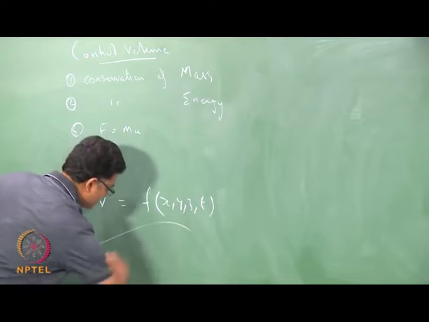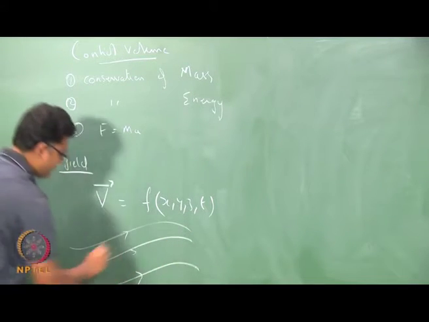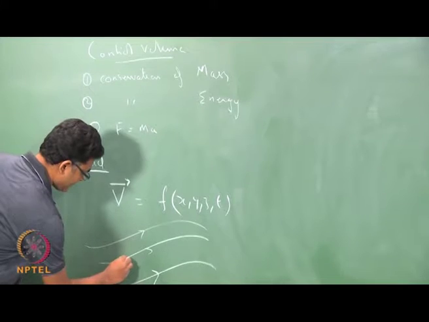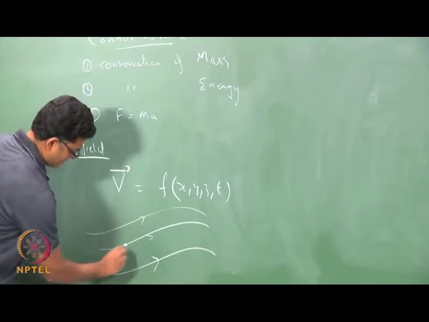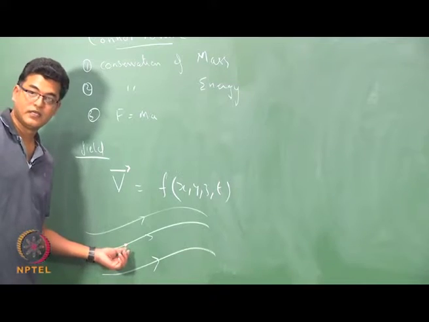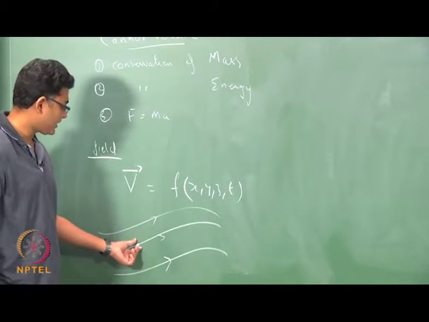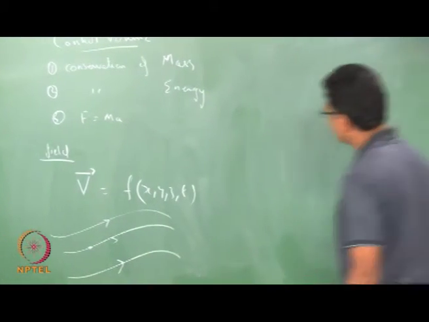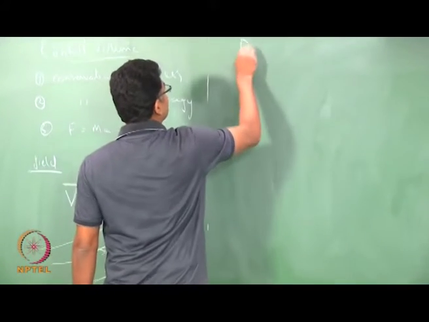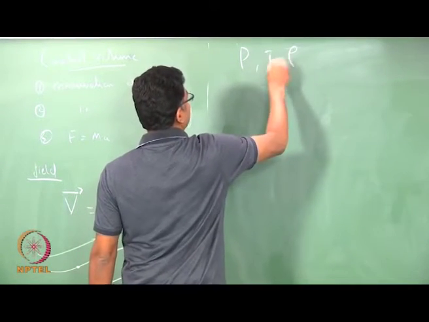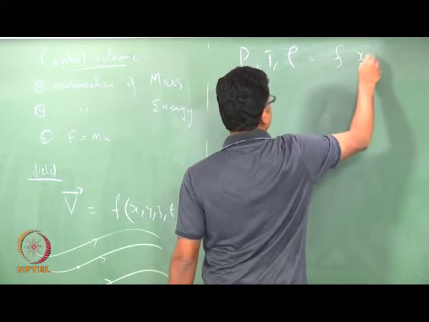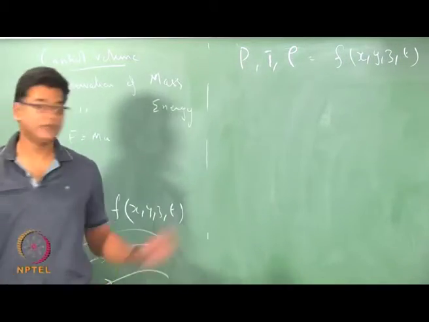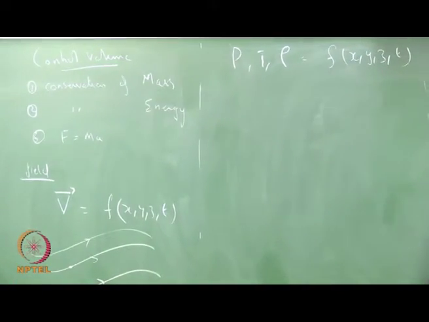If I have a fluid flow in space, my velocity here depends on the location of the fluid particle and the time at which you are measuring the velocity. Likewise, the other properties, pressure, temperature, density, everything would be some function of x, y, z and t. It need not be the same function, it is a different function.